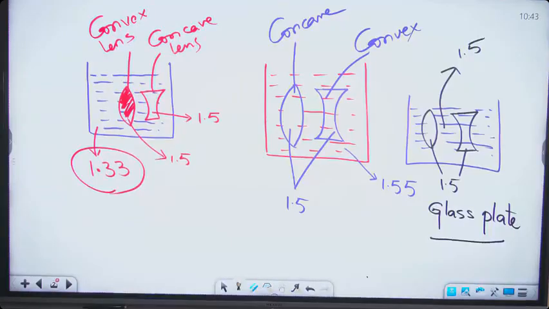For a person having long sight, the image is formed behind the retina.